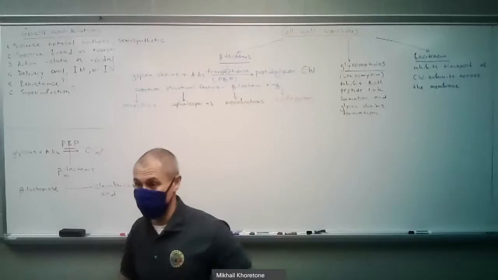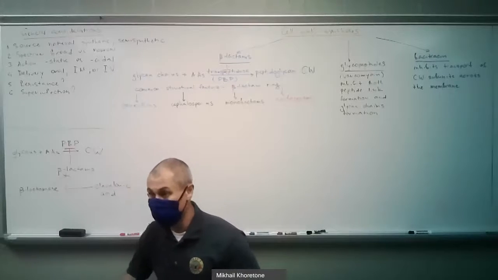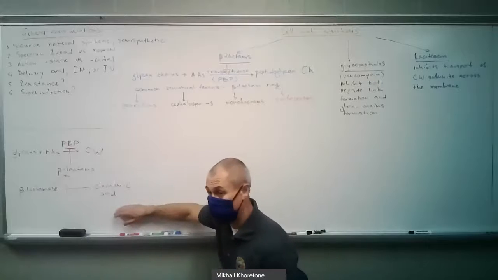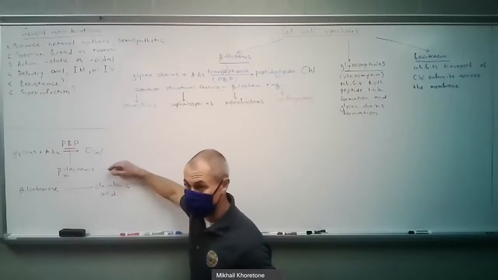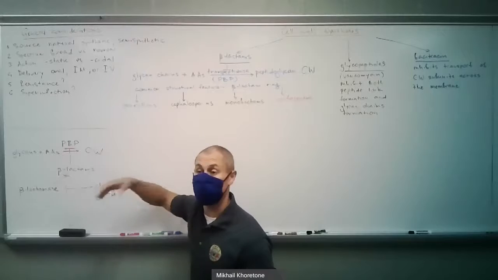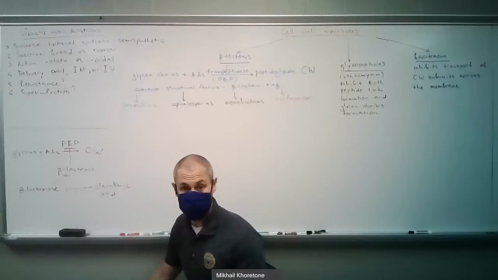Beta-lactamase destroys beta-lactams, rendering them useless. However, if you use clavulanic acid, it will inhibit beta-lactamase. So beta-lactams are functional again, and therefore you restore the sensitivity of microorganisms to beta-lactams.